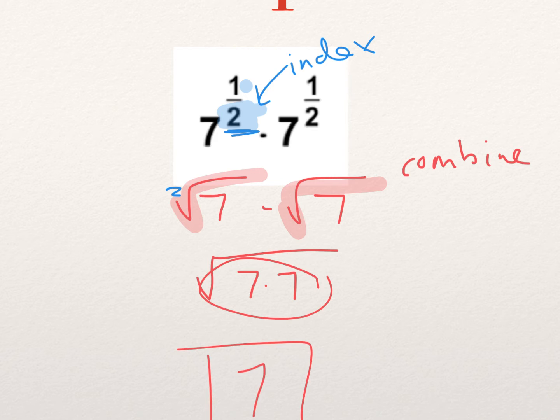Because when your radical is the same, you multiply the insides together and combine it under one radical. So this is 7 times 7 here. But instead of multiplying them together, we just left it as 7 times 7 because we were going to break it down anyways and circle our groups.